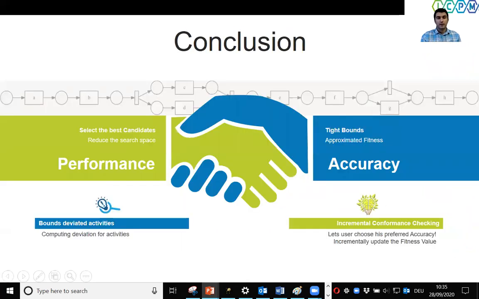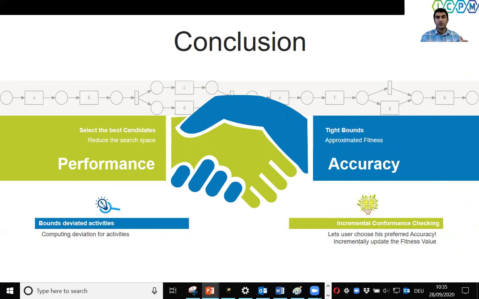To conclude, we propose an approximation method using a guided simulation and a distance metric for conformance checking. The proposed method is able to provide bounds for the approximate fitness value and also show deviation rates of activities. I don't cover deviation of activities in the presentation.